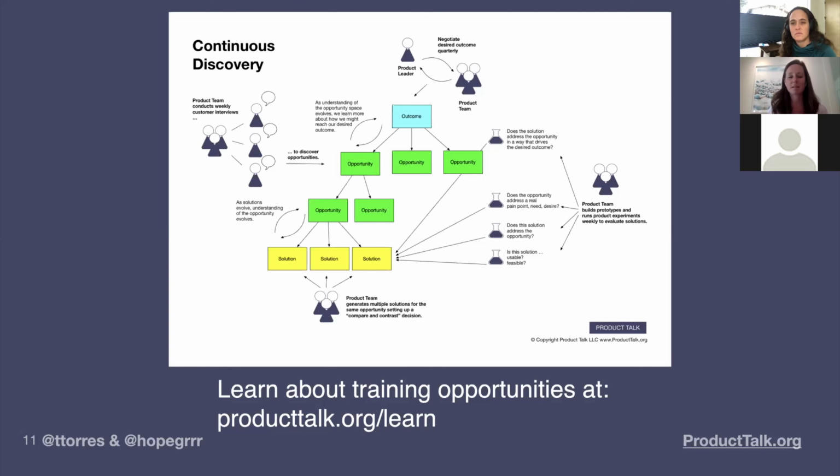And so again, going back to this concept of surfacing assumptions that must be true for that to succeed, let's just assume for a minute that this great idea that has just been presented to you actually relates to your target outcome and opportunity. Then maybe it is one of the solutions that you can compare and contrast against. And there are techniques that you can use to get the assumptions out on the table.